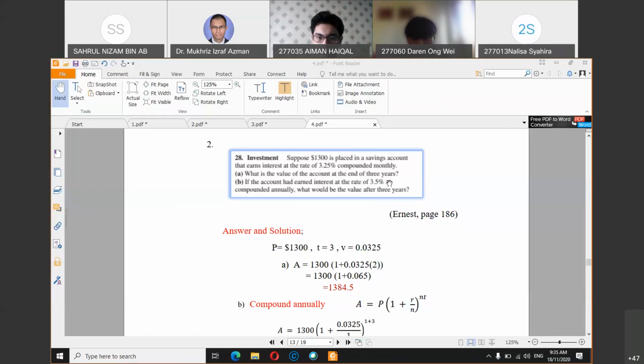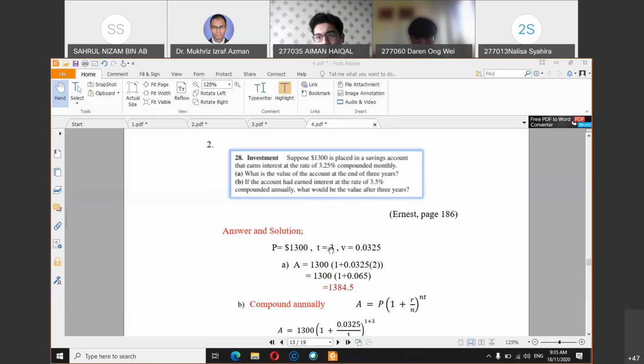So if you want to calculate after 3 years, the 3 should be multiplied to 36, correct? Not 3. Yes. Every month, the T is supposed to be 36.